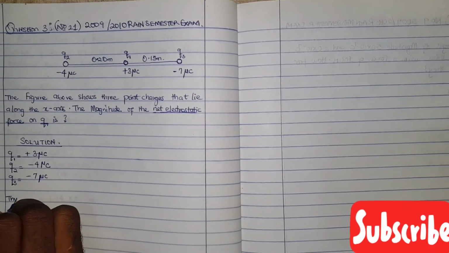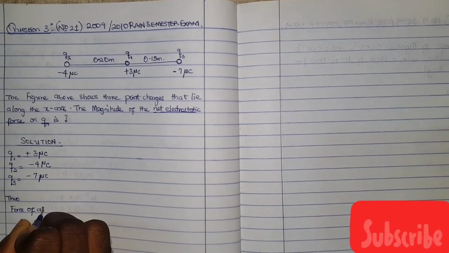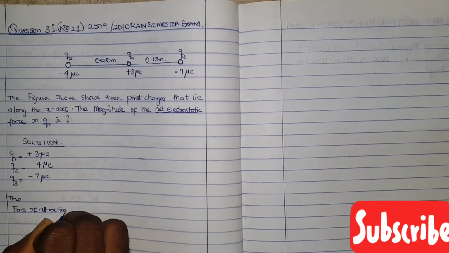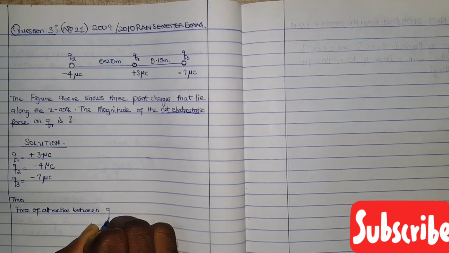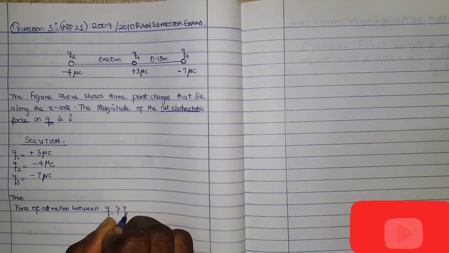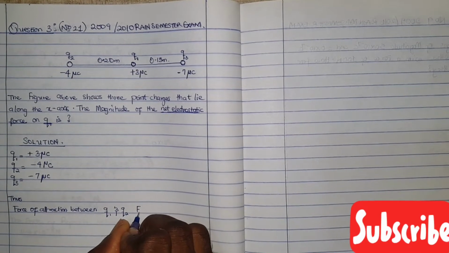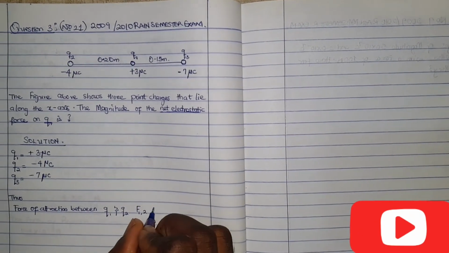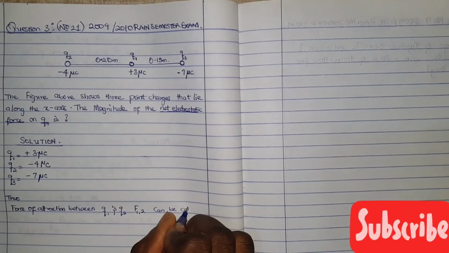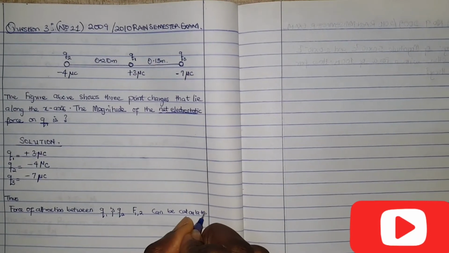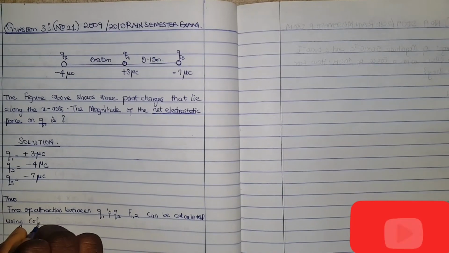Thus, the force of attraction between Q1 and Q2, which is represented as F on 1 due to 2, can be calculated using Coulomb's law.